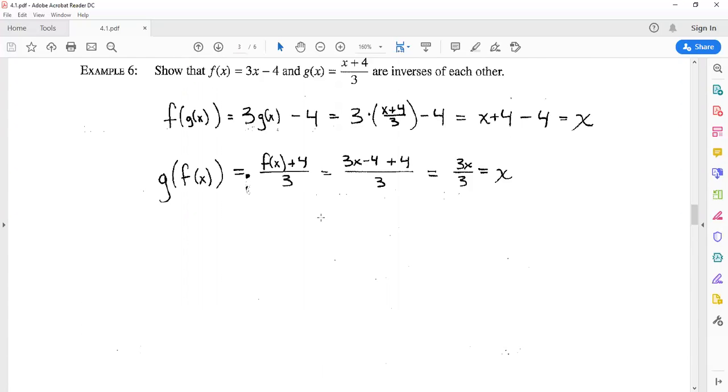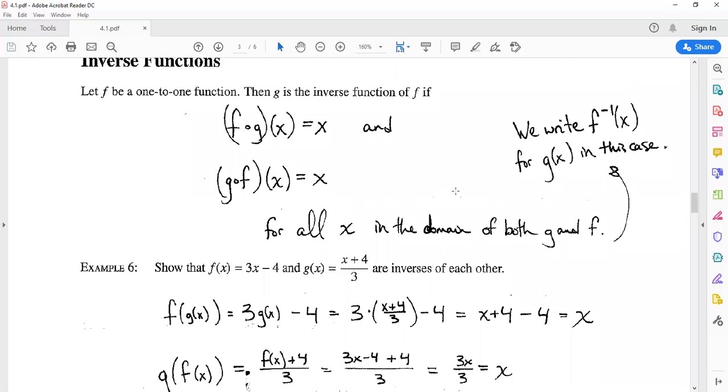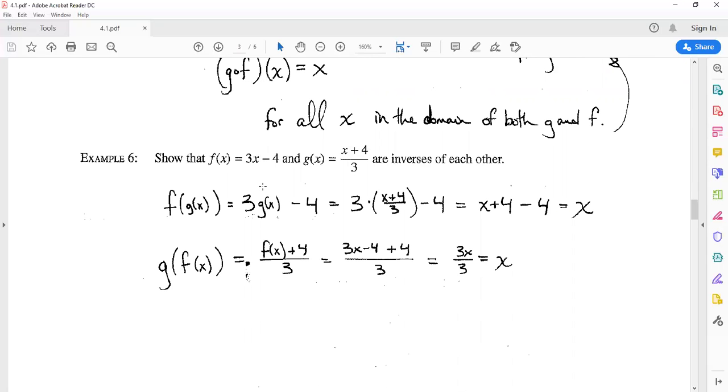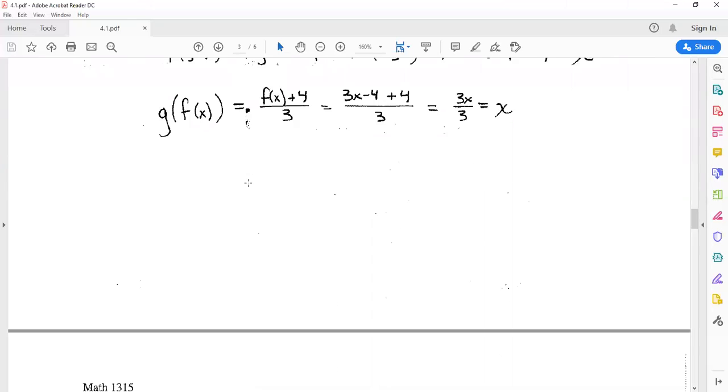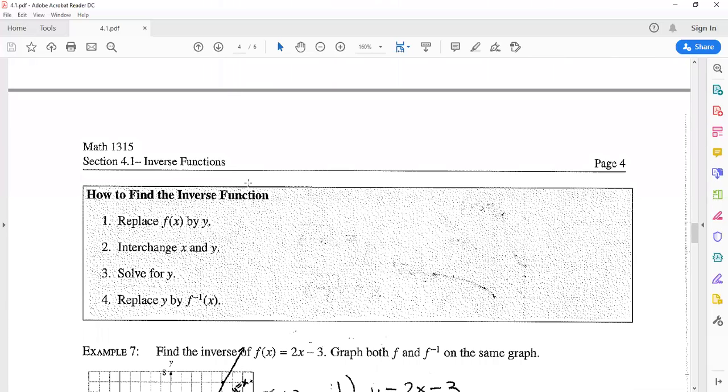Because what's going on really with inverse functions is that the inverse function f inverse of x has as its domain the range of f. Once we do f, we land in the range of f, and to undo that, we'll start in the range of f to go back. So there's this interchanging of the domain and range. We'll see that again when we look at this picture coming up.